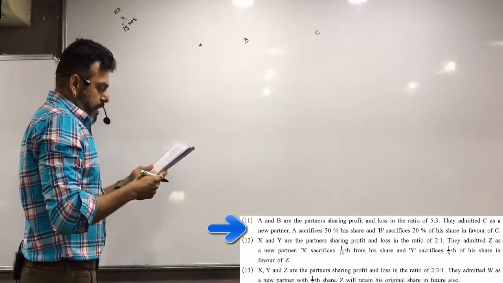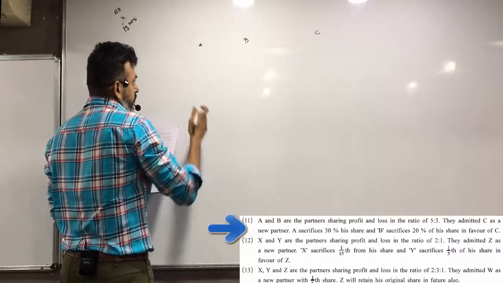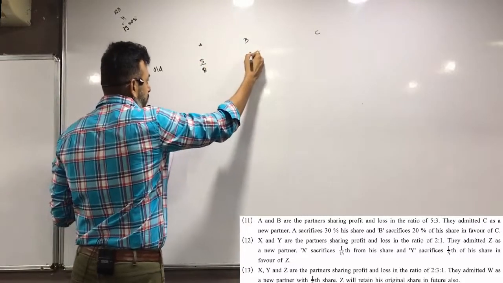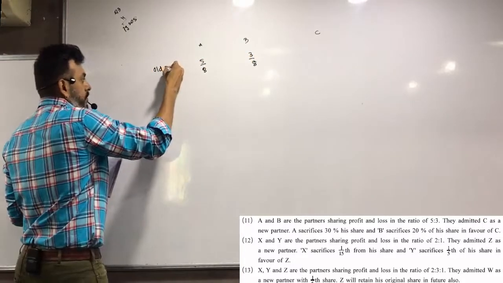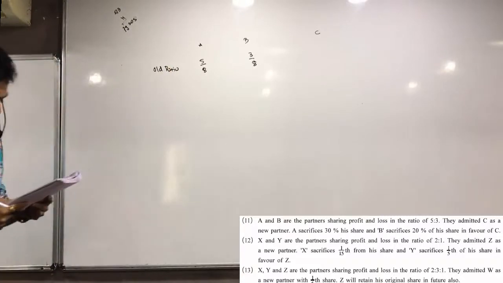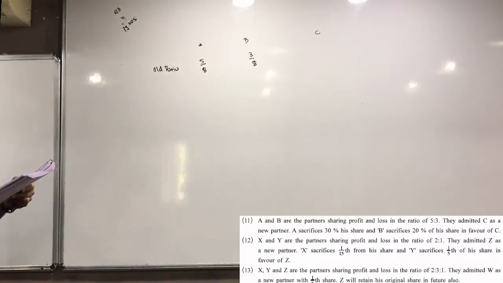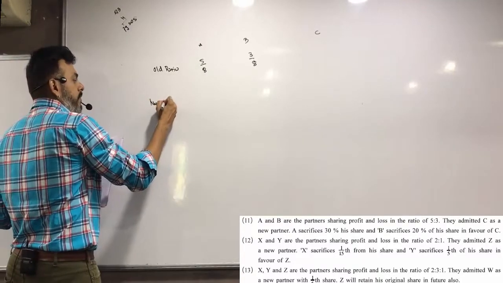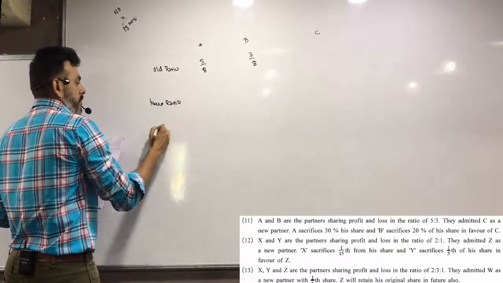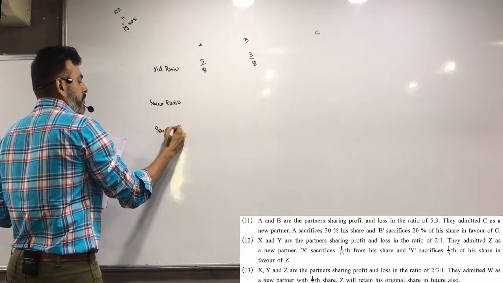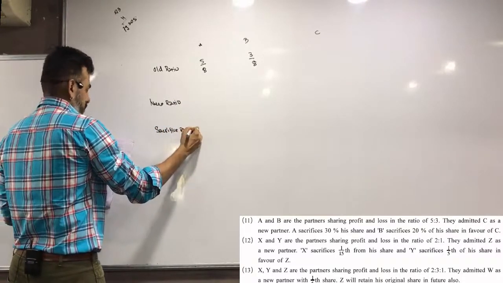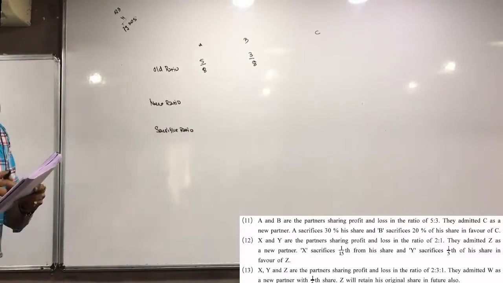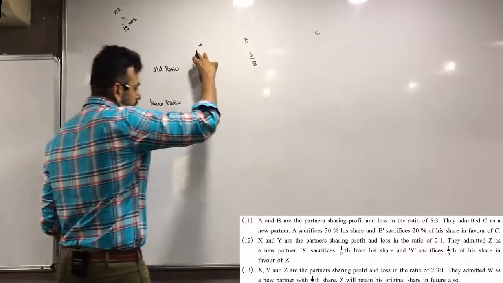11th sum. A, B are sharing profit and loss in the ratio 5 to 3. So 5 by 8 and 3 by 8. Now they admitted C as a new partner. In order to take C, A sacrificed 30% of his share.